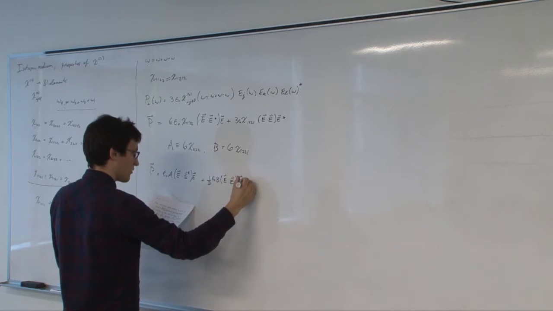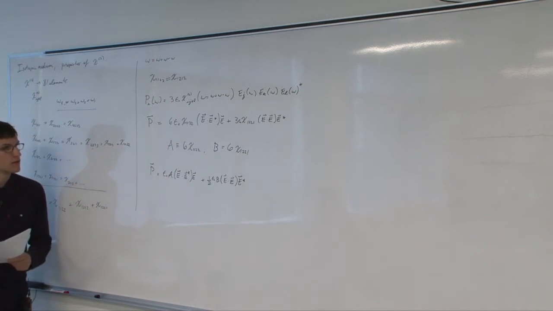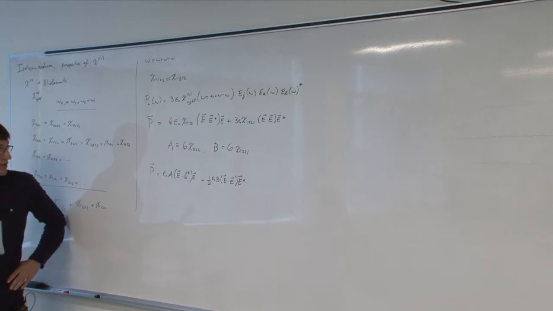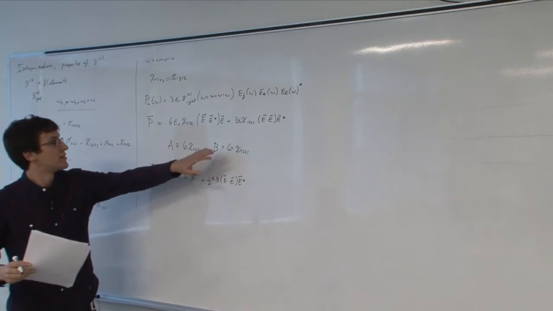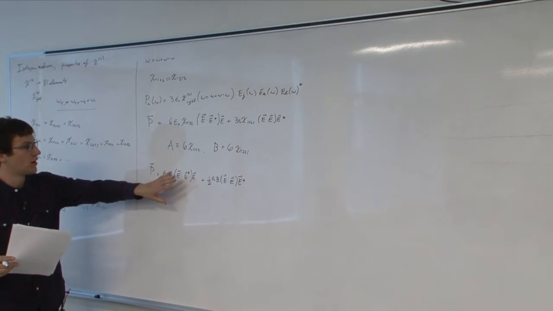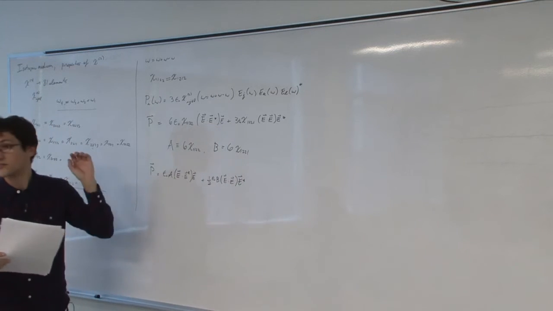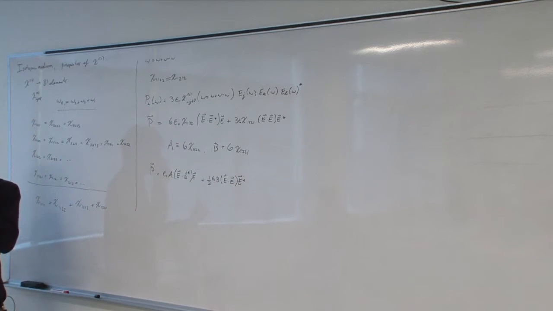Yes. Star. And so you could already see it from here, but with the notation here, we make it obvious that there is an interesting difference between the two terms.